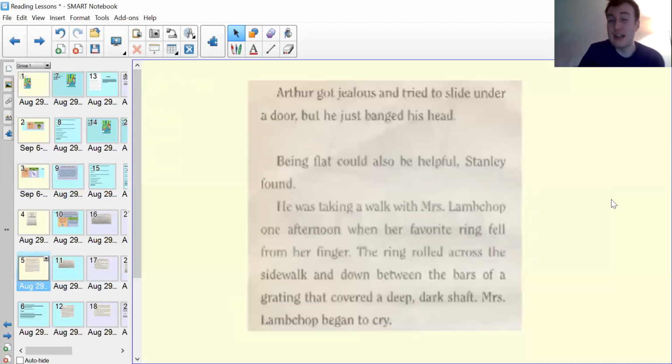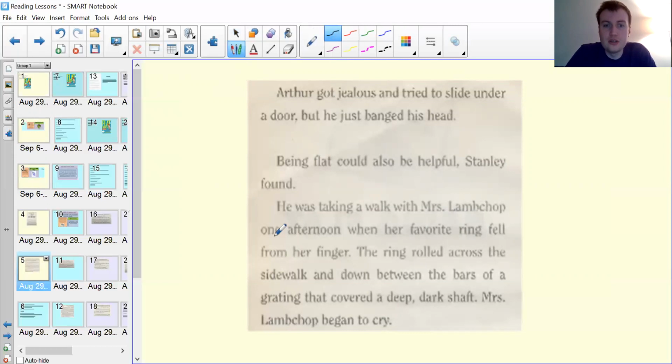Nice short section. A couple of things I want to flag up before we move on to the questions. The book I have is an English version, whereas the only one you can find online, unfortunately, is an American version. So there's a slight difference in words. Where it says sidewalk, that's what we call a pavement, next to the road.